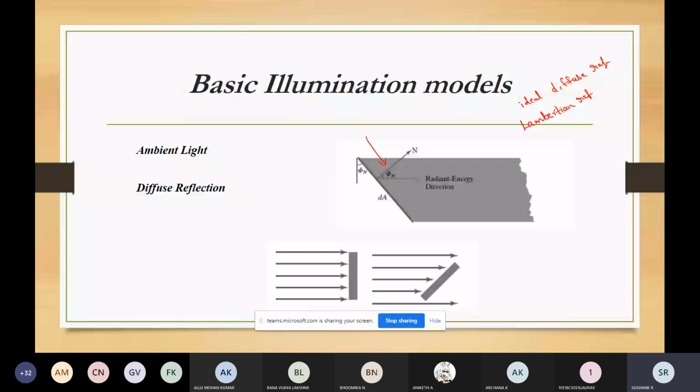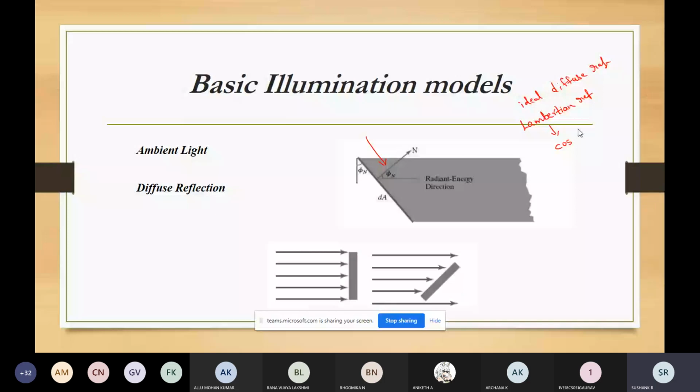Because we use the Lambertian cosine law to find out the energy that is being emitted.